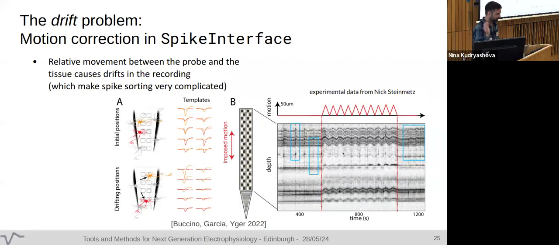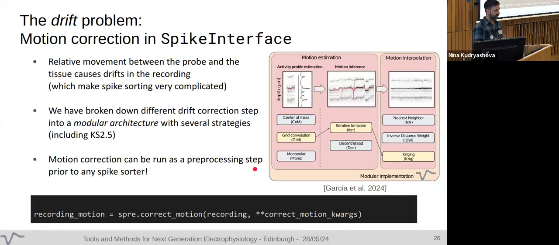Pierre already covered this, so I'll go very quickly and just show you how to do it in SpikeInterface. We're going to have also a hands-on in the afternoon. Drift is a problem, we know. The templates change, so we need to correct for it. Now we have this modularized framework in SpikeInterface that allowed us to benchmark different steps of this complex motion correction machinery, and find out which one seems to work best for this kind of data.